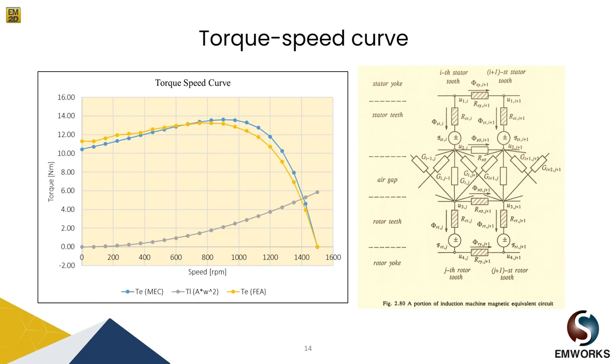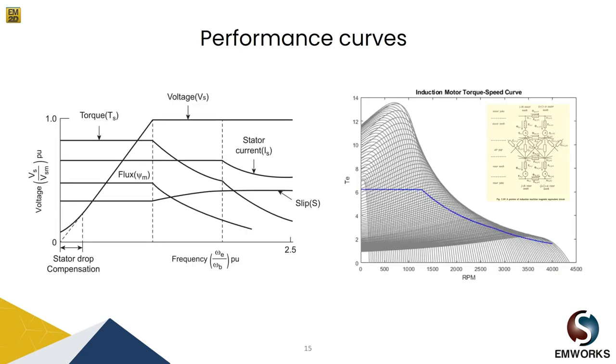So this is why a combination of these two methods is good. We can use the equivalent circuit method in the pre-design stage, and finally verify the results using the finite element method.